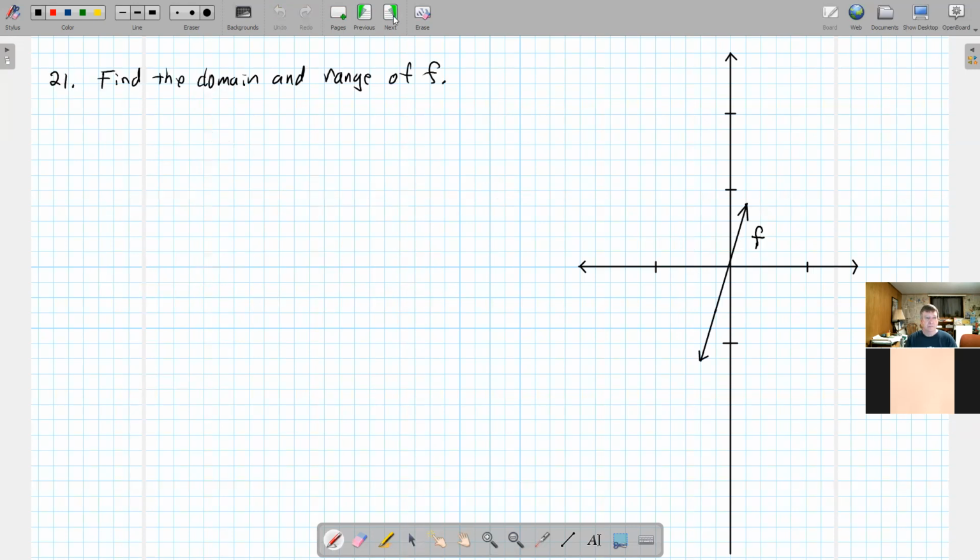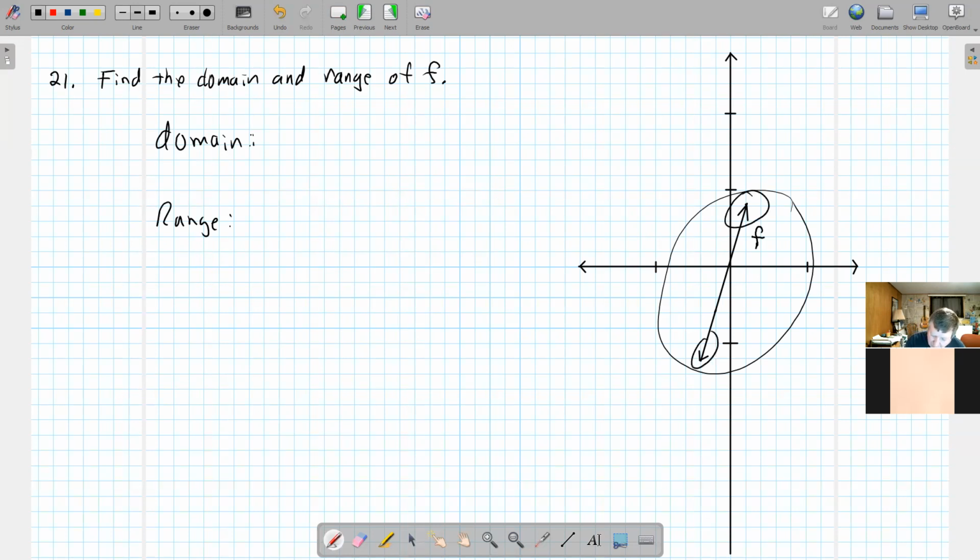Okay. This says find the domain and range of f. So the domain is all the x value inputs that yield real y values, and the range is those resulting y values. Well, if we look at our graph, we see that we have a linear function.